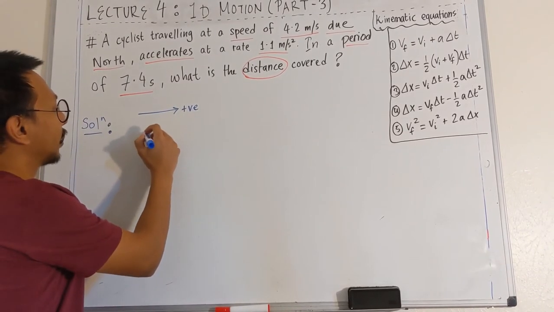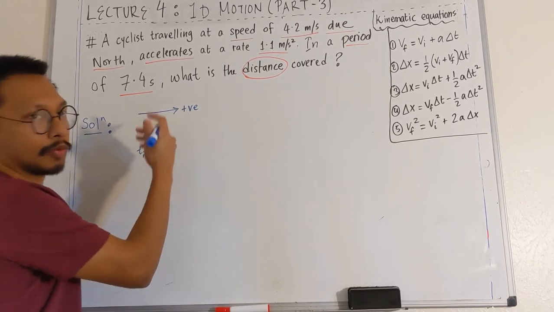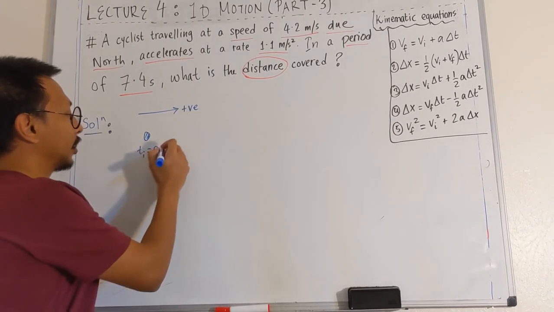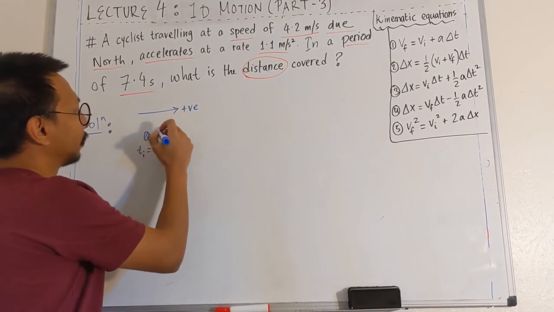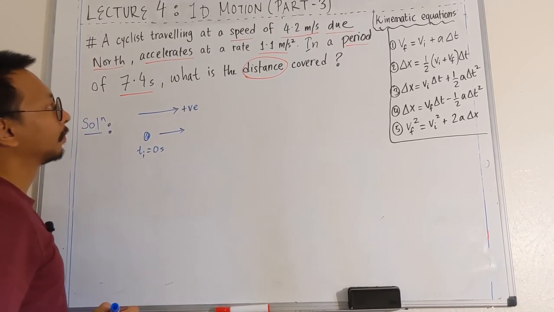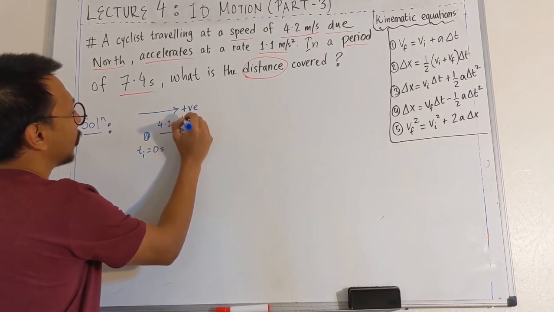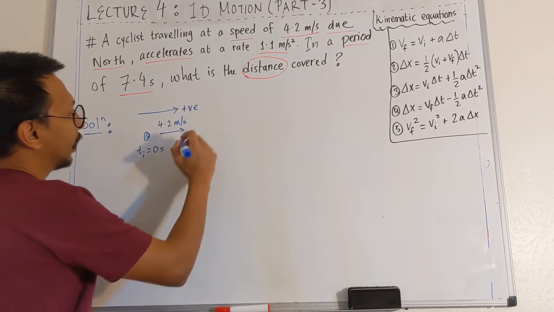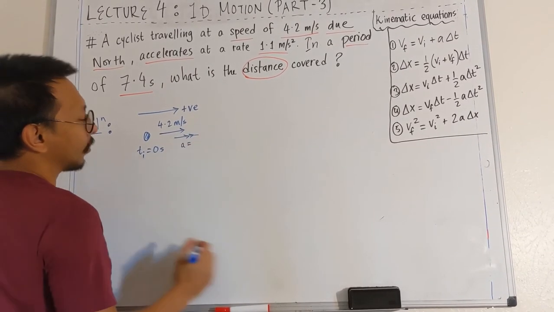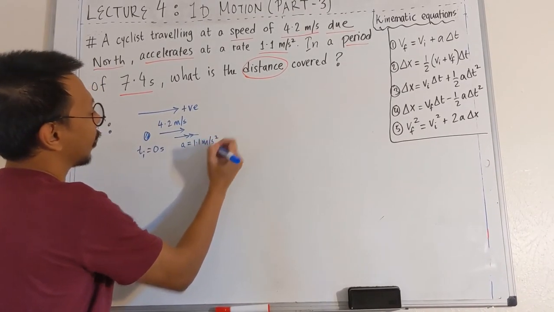So we have the cyclist at initial time 0. That's when I just see the cyclist moving. So initial time 0 seconds, and riding the bike at a speed 4.2 meters per second, and then I also see him accelerate at a constant rate, which is 1.1 meters per second squared.